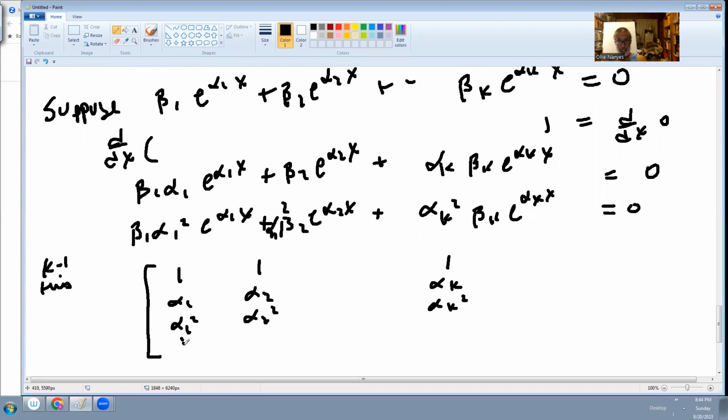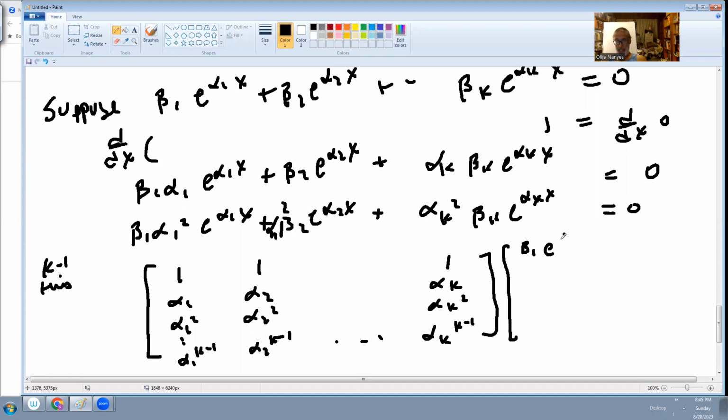And you keep going down until you get alpha 1 to the k minus 1, alpha 2 to the k minus 1, alpha k to the k minus 1. Multiply by beta 1 e to the alpha 1 x, beta 2 e to the alpha 2 x, all the way out to beta k e to the alpha k x.